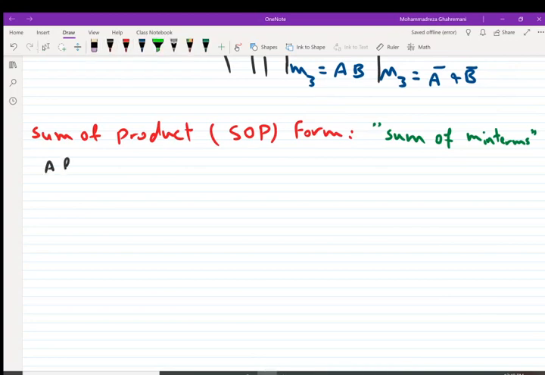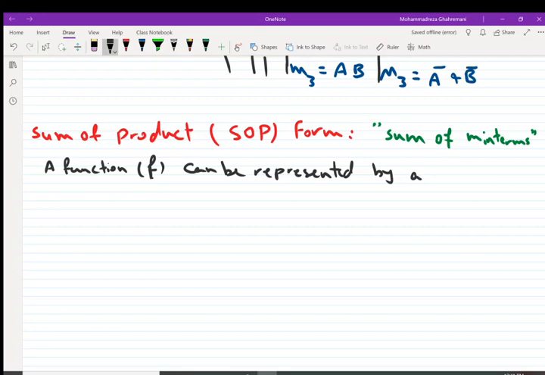A function, let's say function f, can be represented by an expression that is a sum of minterms, as I mentioned.